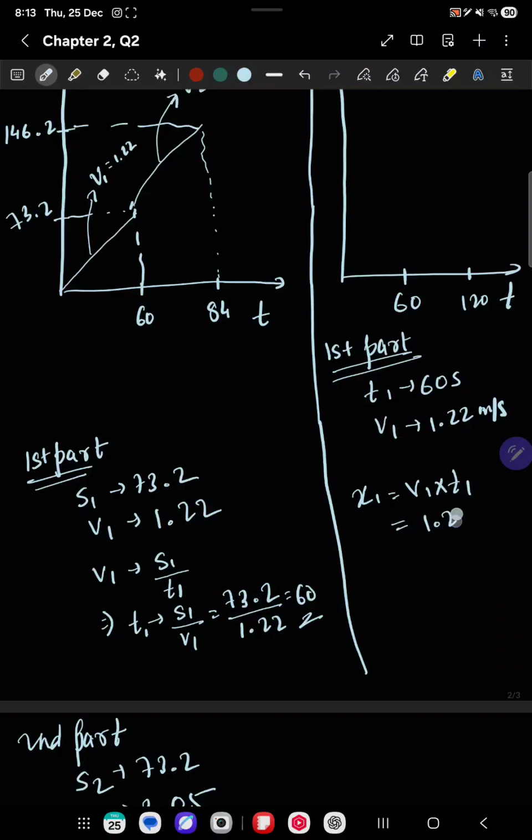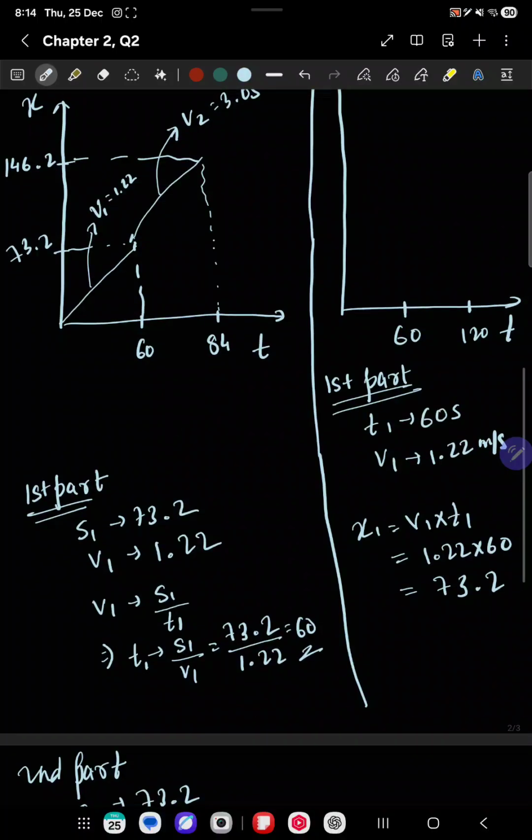If we calculate it, we will get a value of 73.2, right? So this 73.2 we are getting, we can plot this point as, suppose this is 60, we can plot this point as 73.2.